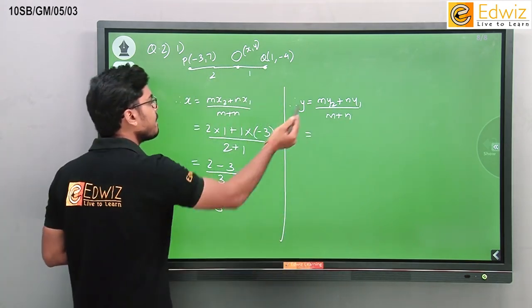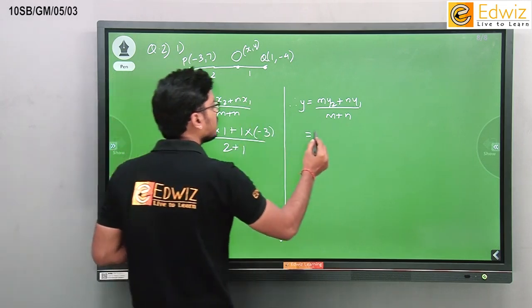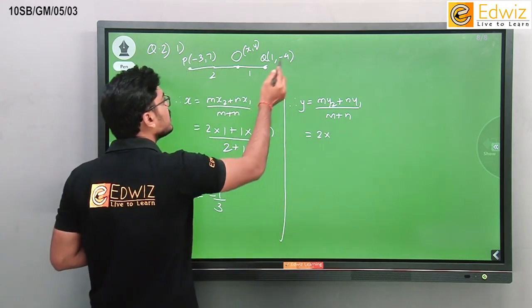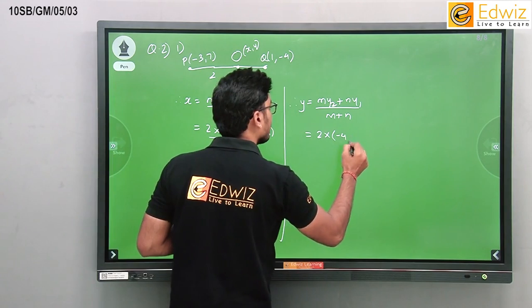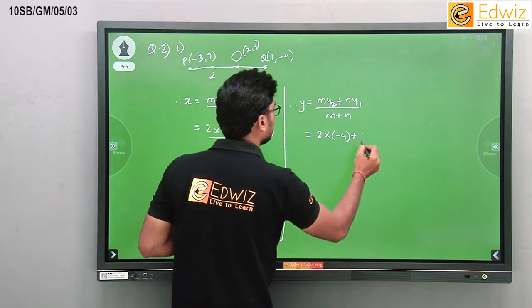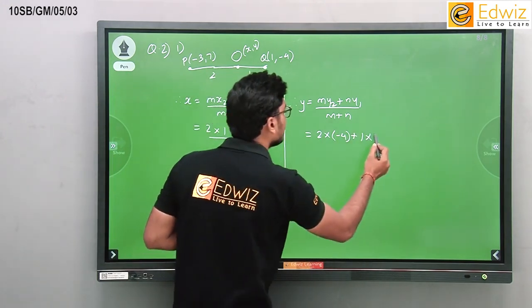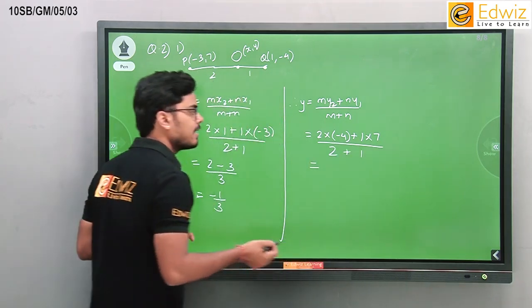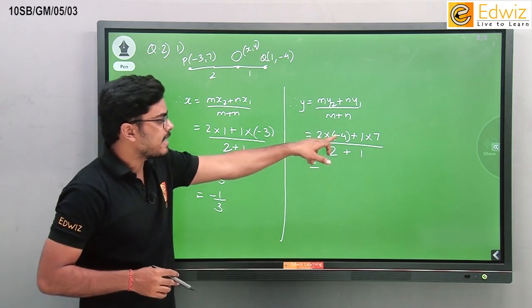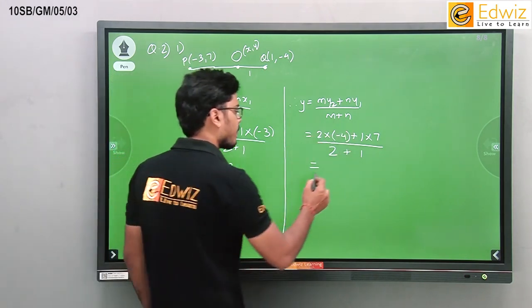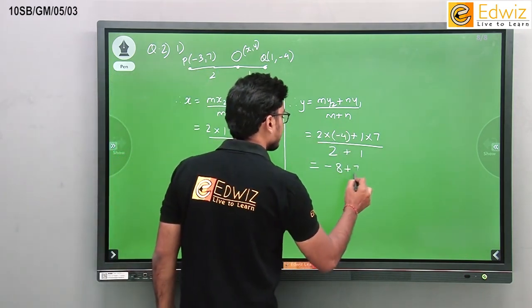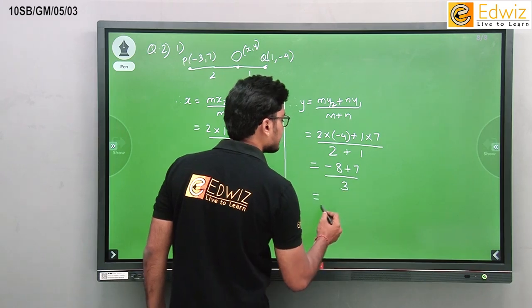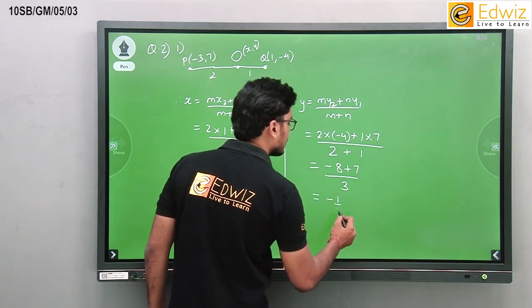Okay, so m here is nothing but 2, multiplied by y2 is minus 4, plus n is 1, multiplied by 7, divided by 2 plus 1, that is m plus n. Correct? So minus 8 plus 7 divided by 3, that is minus 1 upon 3.